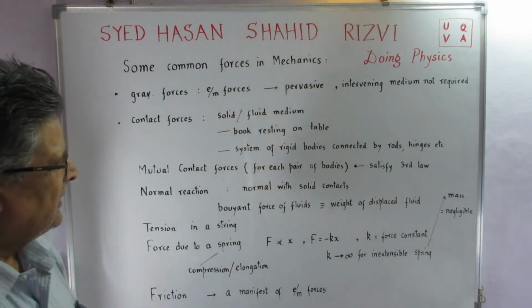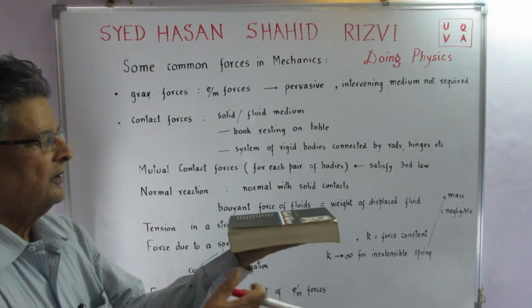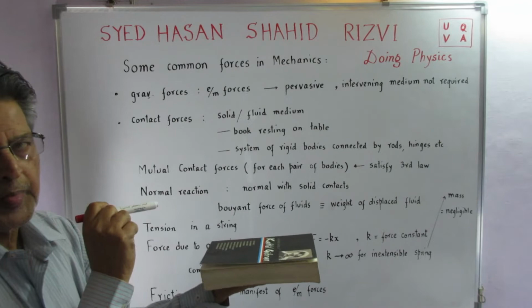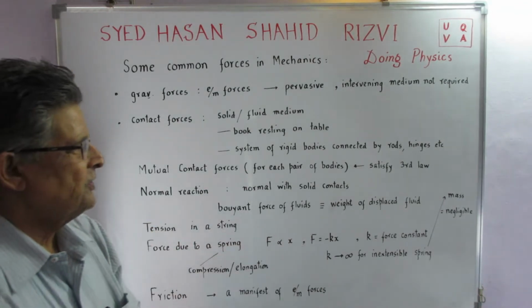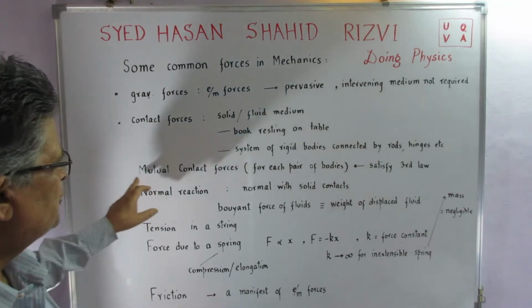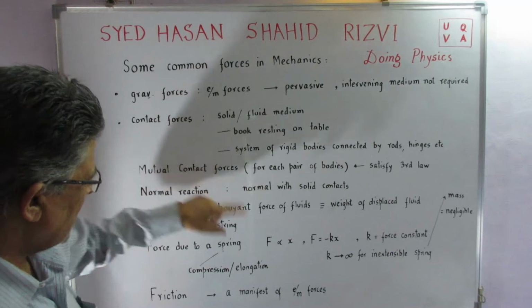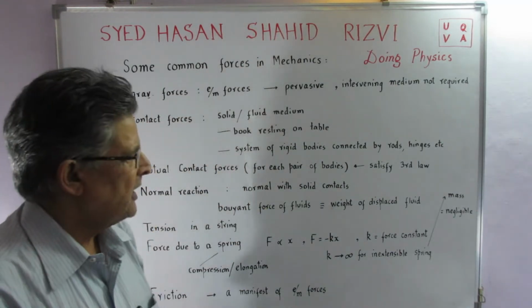Like I said, for each pair of bodies, right now the two bodies are the table and the book, there is a mutual contact force. One body is having a contact force on another body, and the other body has a contact force on the first body.